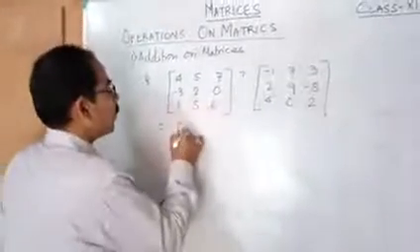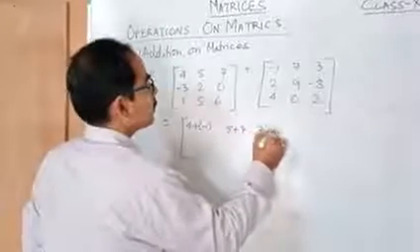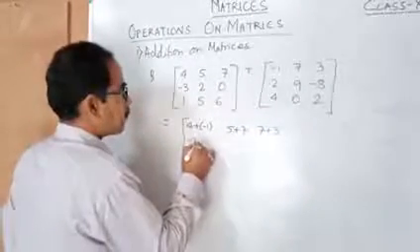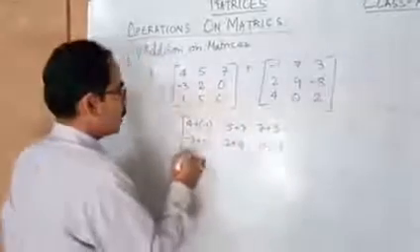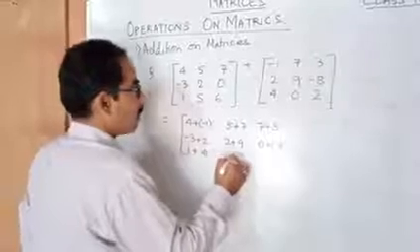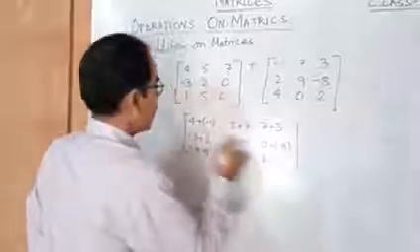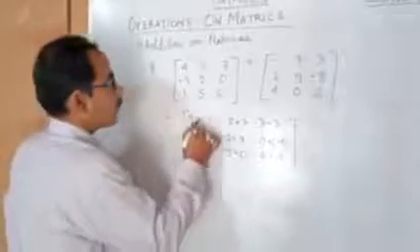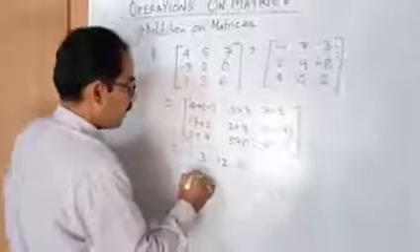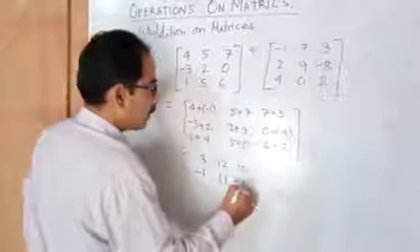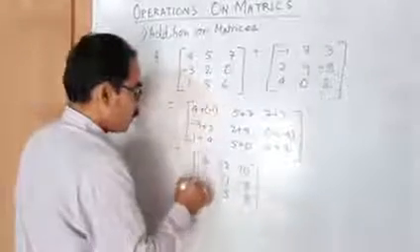So we add 4 plus -1, 5 plus 7, 7 plus 3, -3 plus 2, 2 plus 9, 0 plus -8, 1 plus 4, 5 plus 0, 6 plus 2. So ultimately you are getting 4 minus 1, that is 3, 5 plus 7, 12, 10, here -1, here 11, here -8, here 5, here 5, here 8.